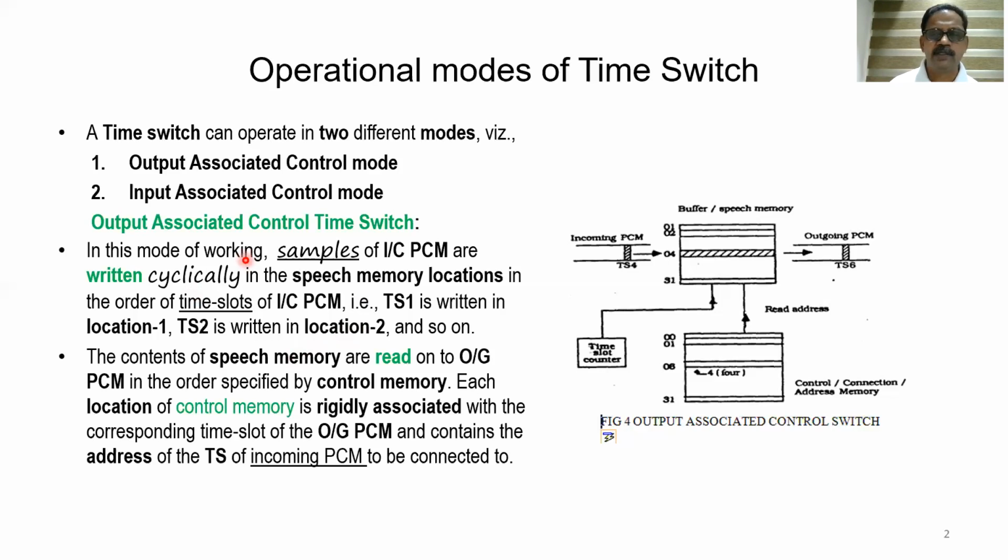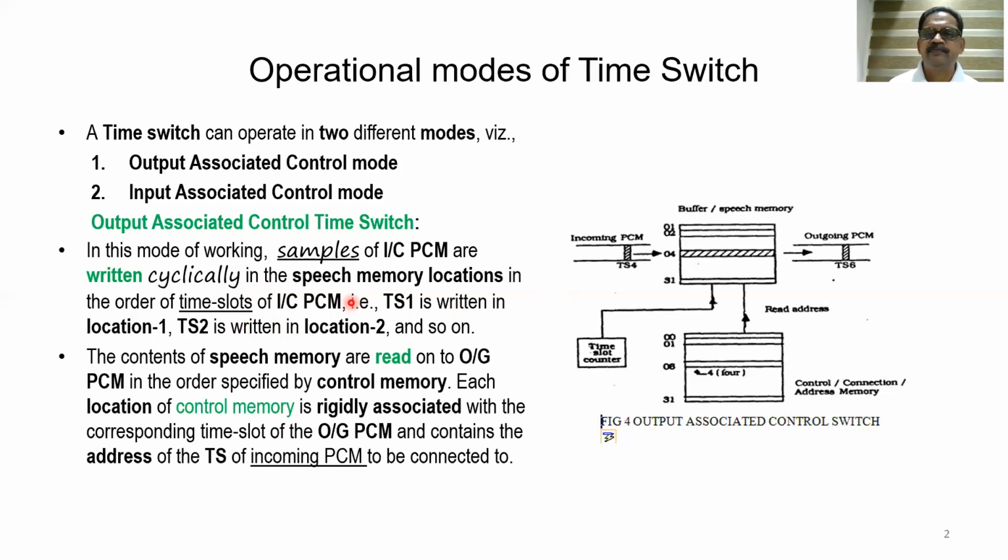In this mode of working, that is, in output associated control mode, samples of incoming PCM are written cyclically in the speech memory locations in the order of time slots of incoming PCM.